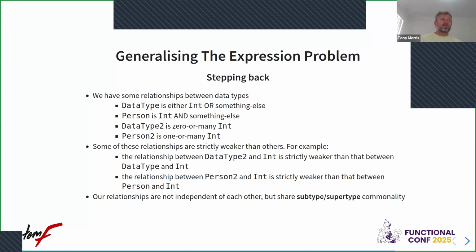But the relationship between person 2 and int is weaker than that between a person and an int. Or in other words, a person has 1 or more ints, and a person 2 has 1 or many ints. That was like 2, 0, many. Actually, no, that is correct. Yeah. But there is a relationship between the relationships that we are describing between our data types and their cases and or fields.